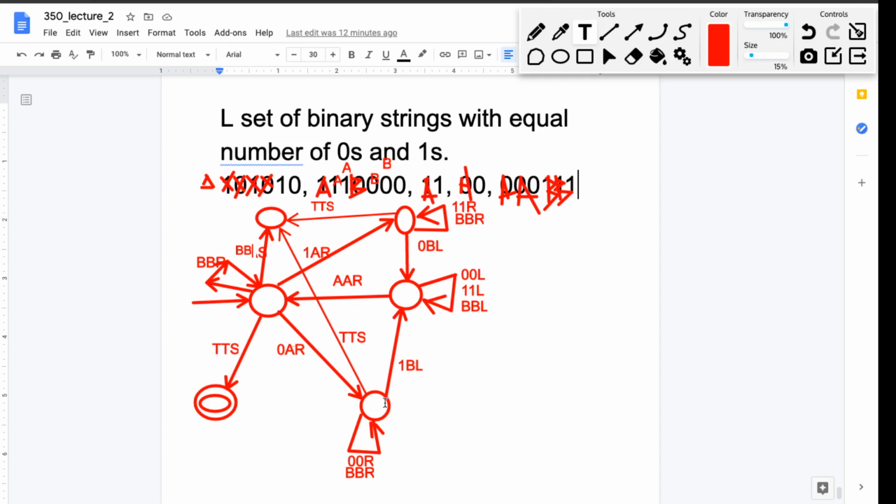Now it looks like that's it. Hold on, but what happens? I think there should be a transition from this state as well to this one, and from this one to this one. So if the first symbol I see is 1, I replace it with A. Then I go to the right.